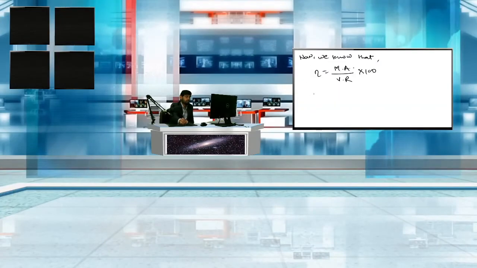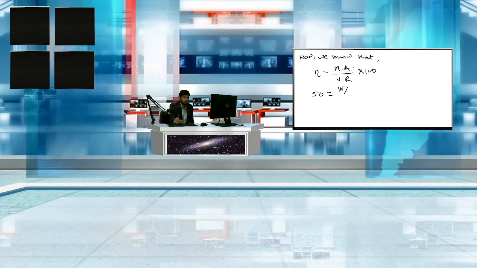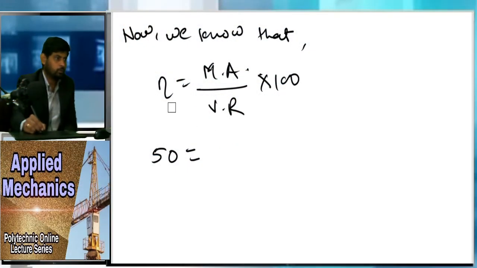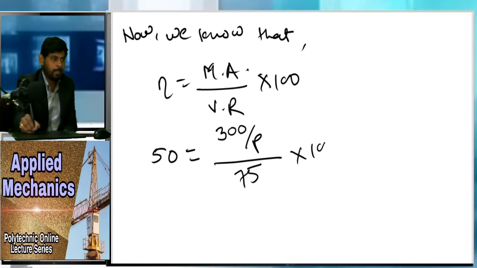So by using all these values in this equation, efficiency is 50, then mechanical advantage is W upon P, the value of W we know, 300 upon P, divided by the value of velocity ratio, 75, multiplied by 100.